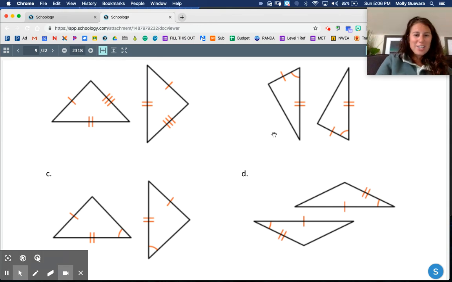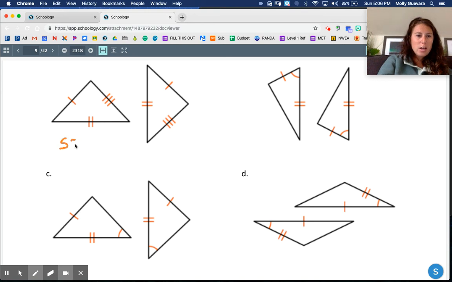Okay, so let's check your work here. The first one, I know 3 sides on the first triangle and 3 sides on the second triangle, so this one is congruent by side, side, side congruency. For B, I know 2 sides and the angle between them. And on this triangle, similarly, I know 2 sides and the angle between them.